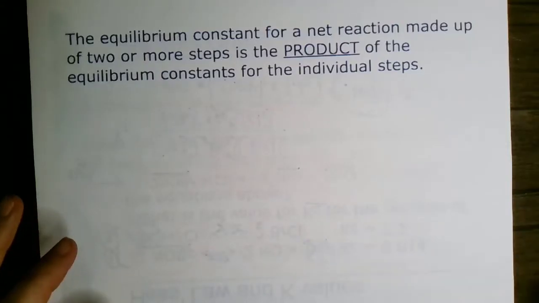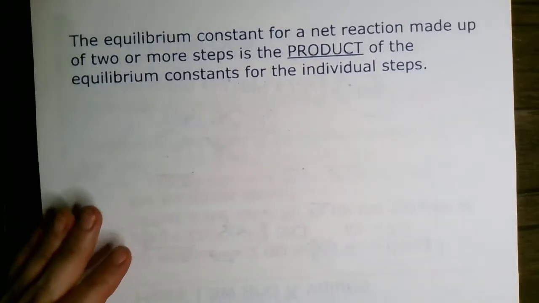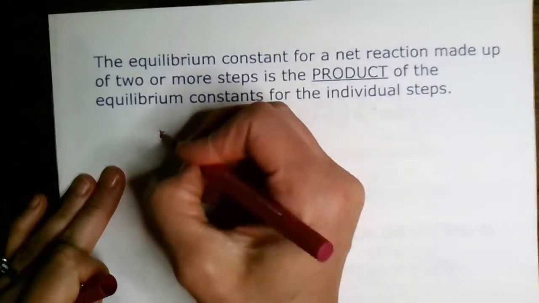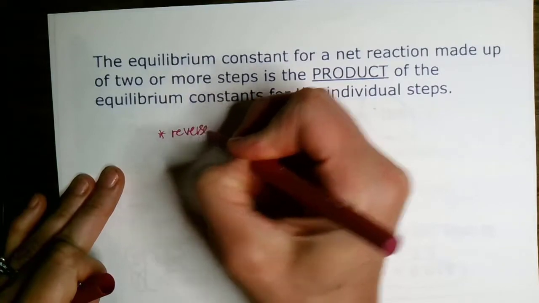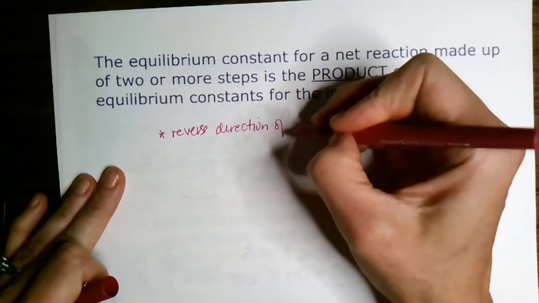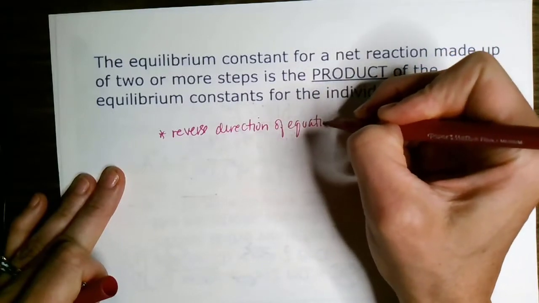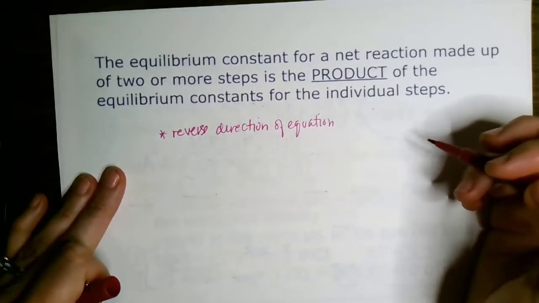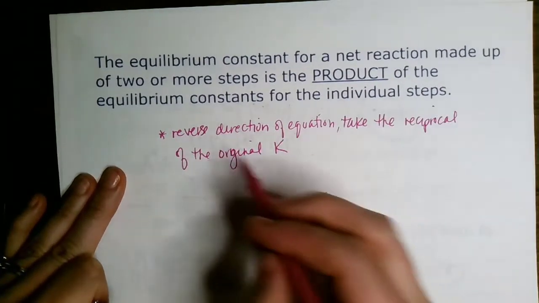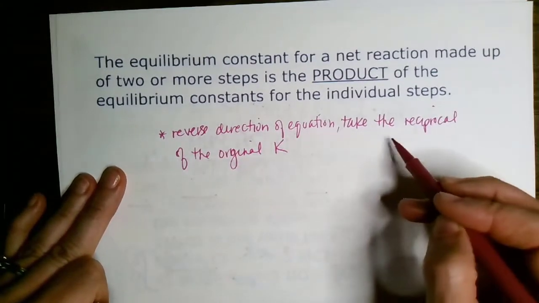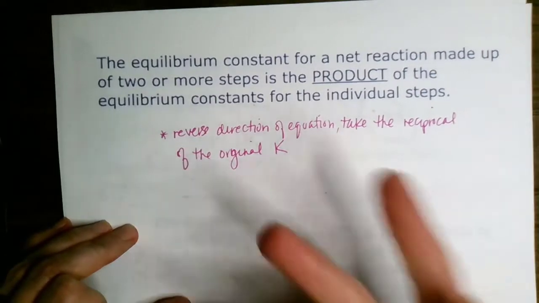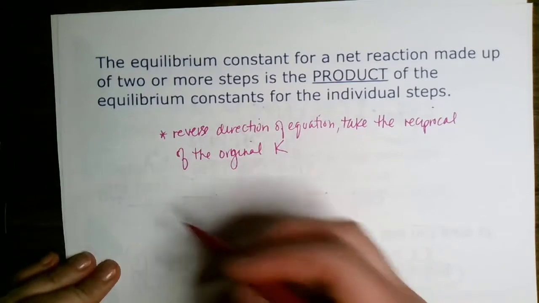So a few points that we just were talking about from the last couple slides. If we take the reverse direction of an equation, we take the reciprocal of the original K. So it's just 1 over what that original K was when we flip-flop the direction of the equation.